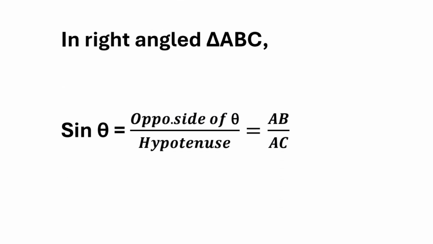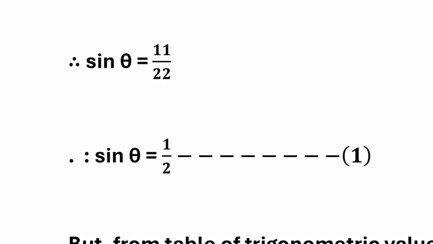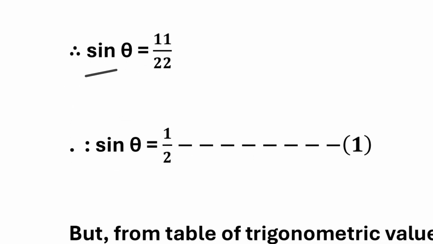Therefore, in right angle triangle ABC, sin theta is equal to opposite side of angle theta upon hypotenuse is equal to AB upon AC. Then we put values. Sin theta is equal to 11 upon 22. Therefore, 11 ones are 11, 11 twos are 22. Therefore, sin theta is equal to 1 upon 2, equation number 1.